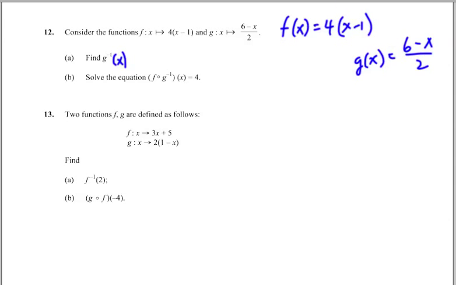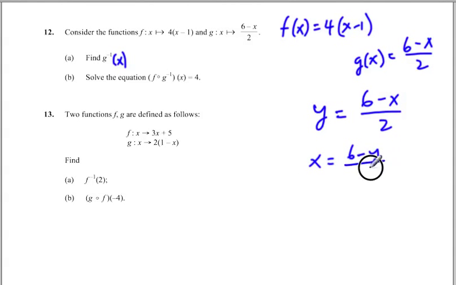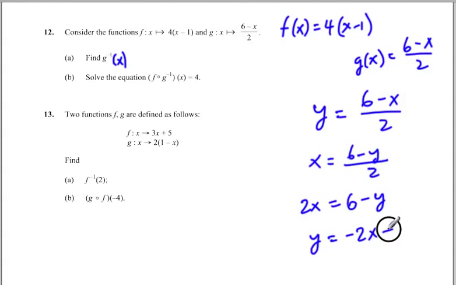So here's our g inverse. Let me just use blue again. So y is equal to, or g of x, sorry. Y is equal to 6 minus x over 2. Switch the x and y, so x equals 6 minus y over 2. Multiply 2 on both sides, so 2x is equal to 6 minus y. And then you can solve for this, so y is equal to negative 2x plus 6.